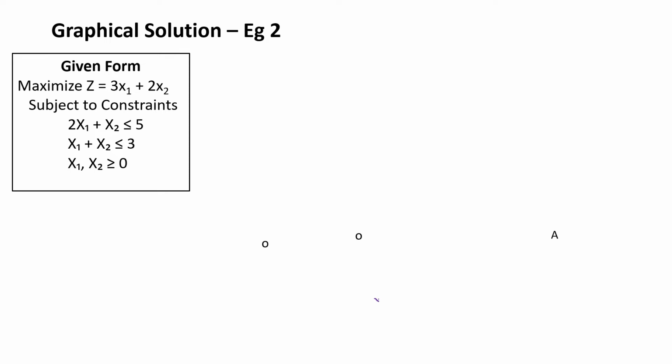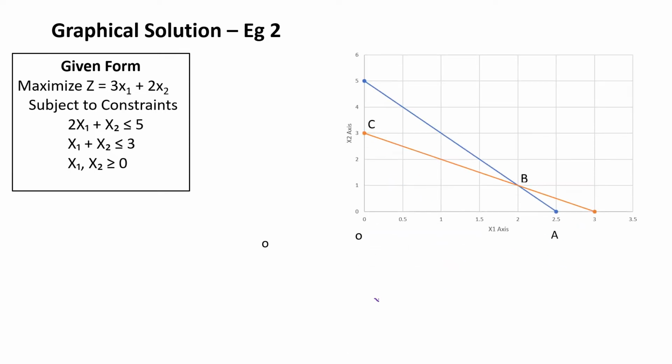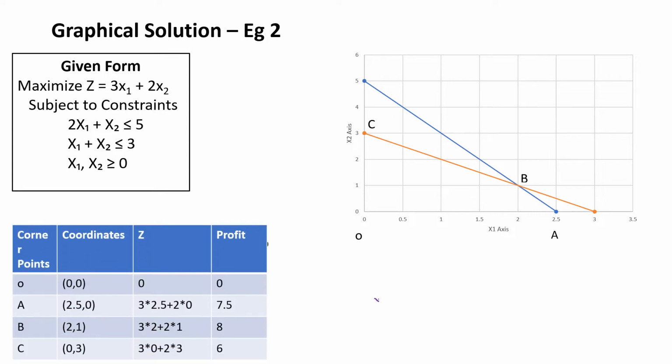So here is the graph that we have plotted for this problem, and then we find the z value at the different corner points of the feasible region OABC, and finally we find that the maximum value of z occurs at point B, and hence the solution is x1 equals 2, x2 equals 1, and the maximum value of z is 8. So my feasible region as per the graphical method is OABC.